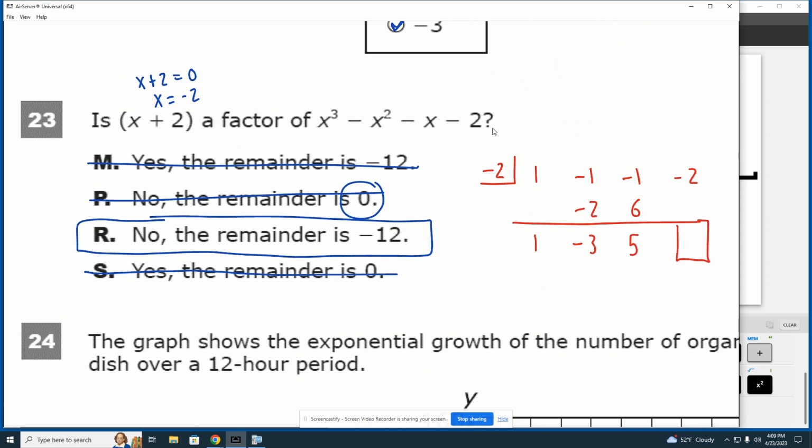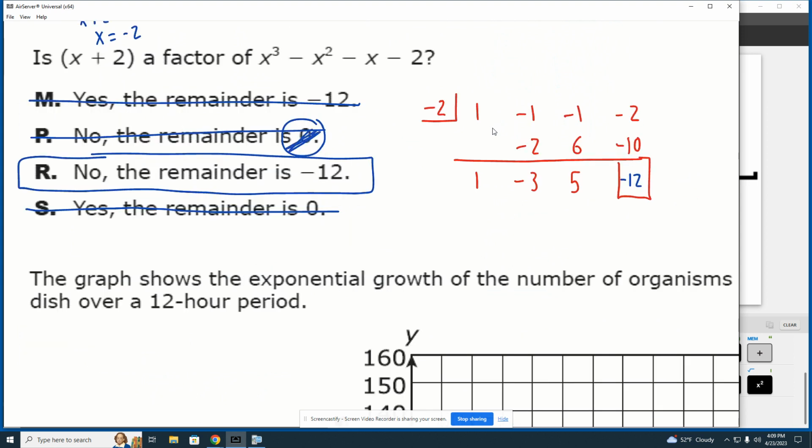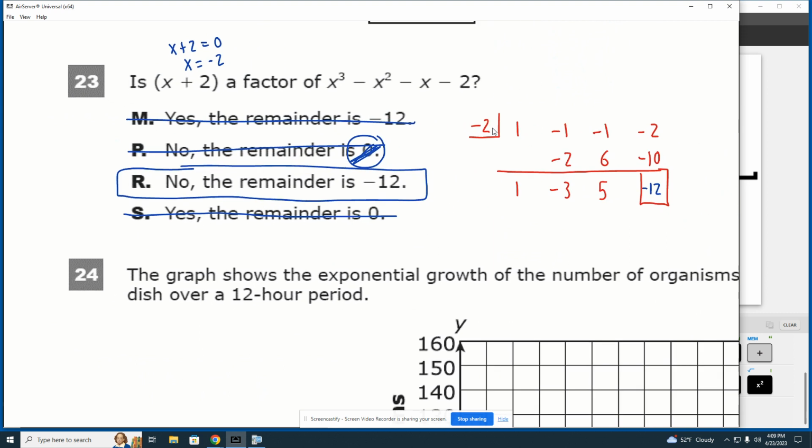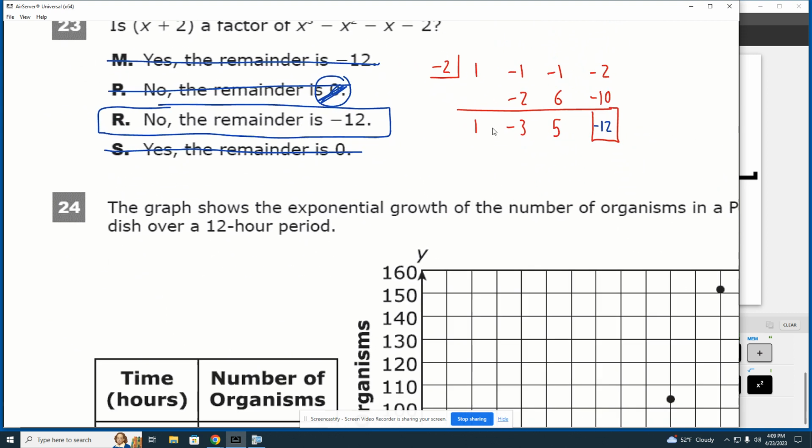And then 5 times -2 is -10. And what's -2 minus 10? Well, there you go. It's -12, just like I said it would be. The remainder is -12. It is not a factor, because the remainder was not 0. So it's no, and the remainder is -12.